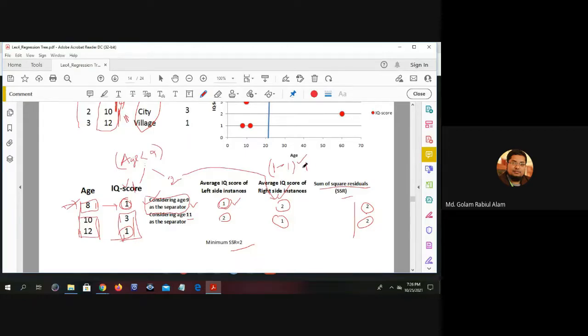Sum of square residuals means we have to take the difference and square it, plus the next one for the right side. The first element of the right side is 3. This is 3, original, minus the predicted one.